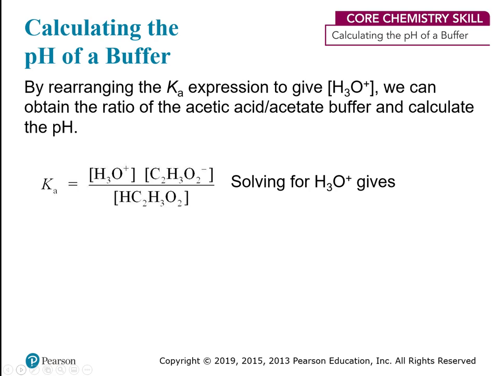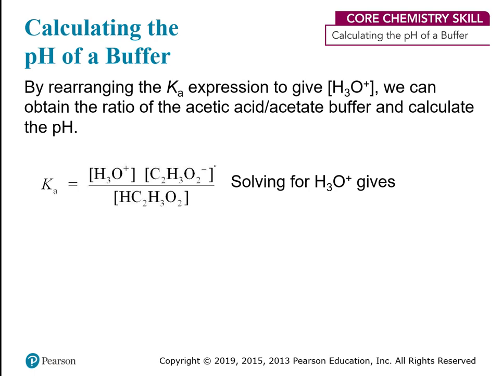We can calculate the pH of a buffer. So if you remember, we took acids and we wrote these dissociation expressions. We talked a little bit about the Ka. So refresh yourself on that if this looks kind of foreign to you. But this is the expression for an acid dissociation.